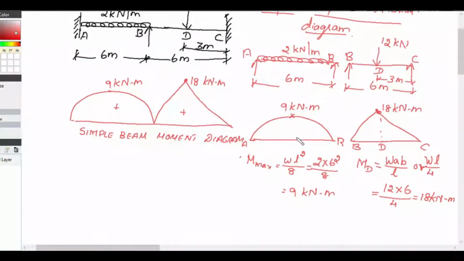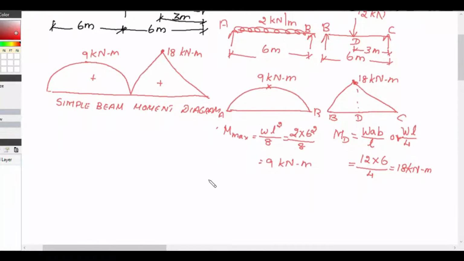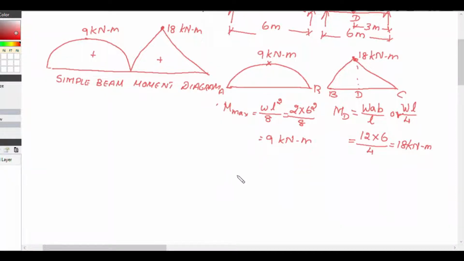Now, once we have determined the simple beam moment diagram, we have to determine area into x bar, that is the distance of the centroid. So for the span AB, the centroid will lie at the center. Similarly, for the span BC also, BD is 3, DC is 3.